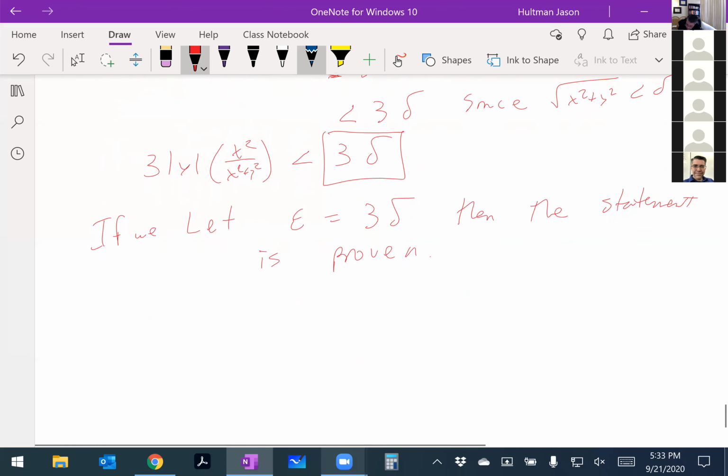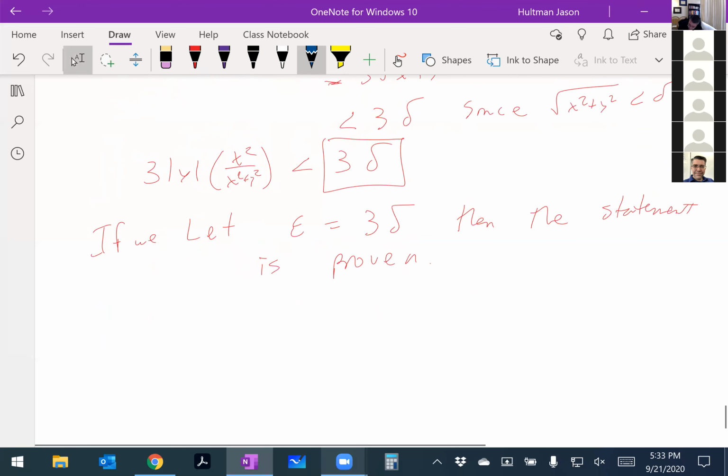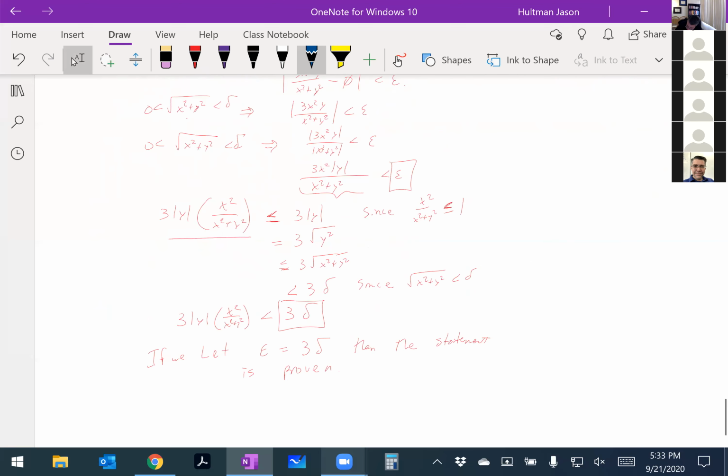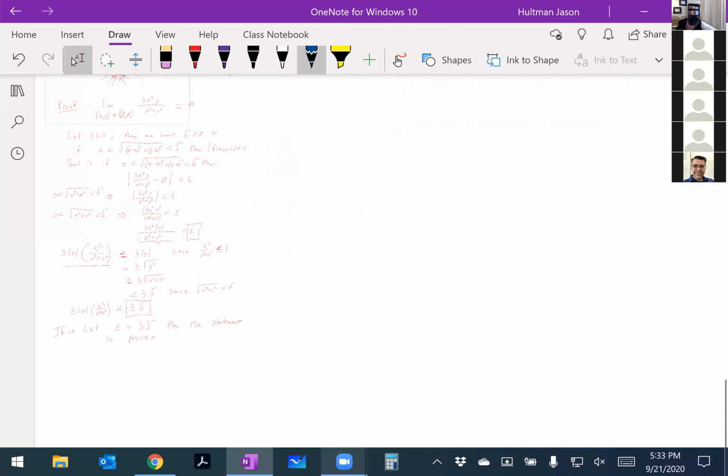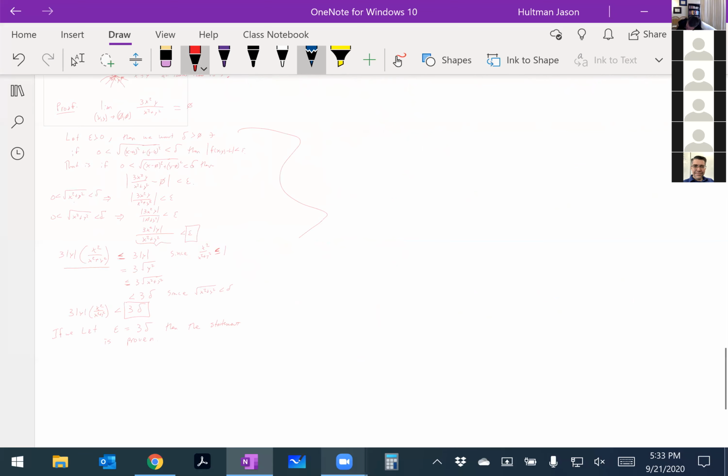Then you can go into the real proof. This is what I call the discovery phase. This whole thing right here is the discovery phase: discovery of what epsilon is.